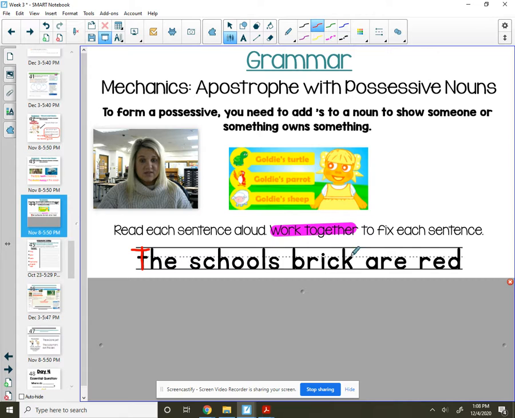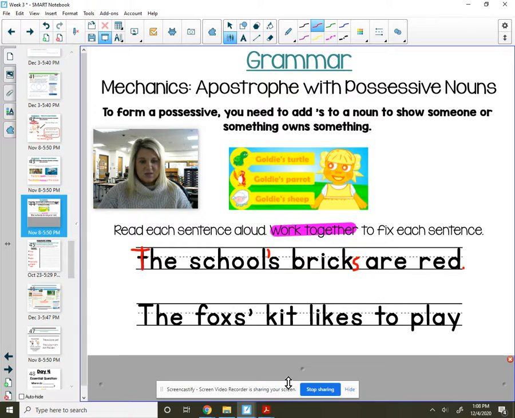The school has more than one brick, so we need to add an S to make bricks. I need a period at the end. I'm missing one more thing though. I need to show my possessive noun. The bricks are the school's, so I need an apostrophe S there. So now I can read it. The school's bricks are red.